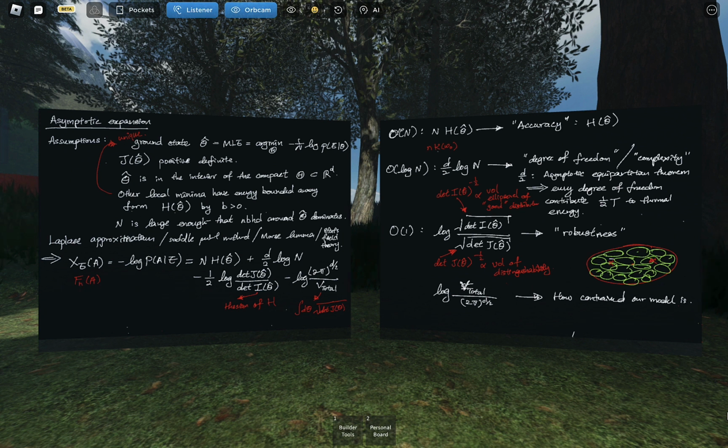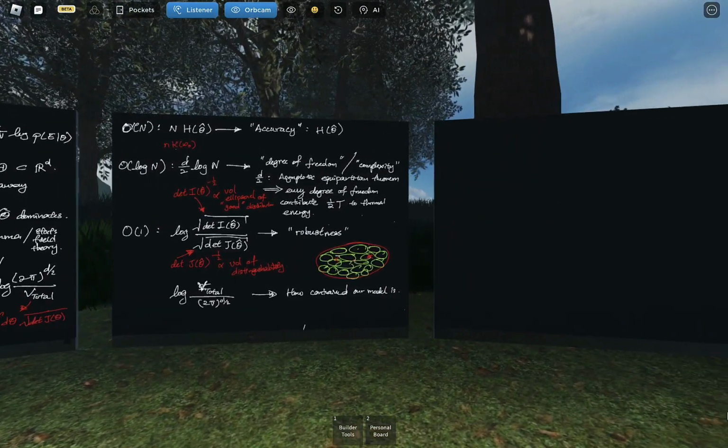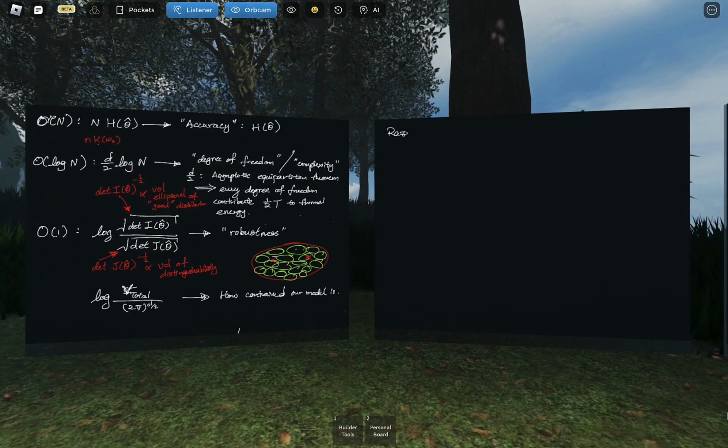I'll quickly go through... oh, sorry. Let me say a word about where Occam's razor is in here. So the idea is that we should be using, now on the correct board, the razor for model selection, call that Rn of a model.